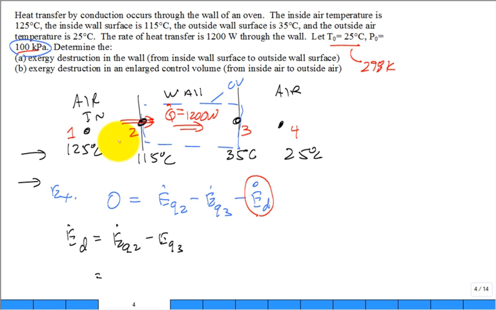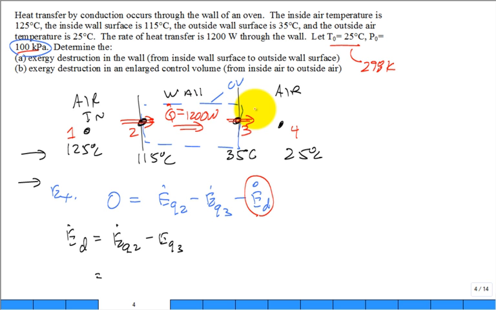Is it 1200 watts? What is the flow of heat going out the other side? Is it 1200 watts? It is. Somebody says, well, you're clairvoyant. How did you deduce that? How do you know that? I'm lost. I don't understand why that's true. Energy balance, steady state, and you can prove it.